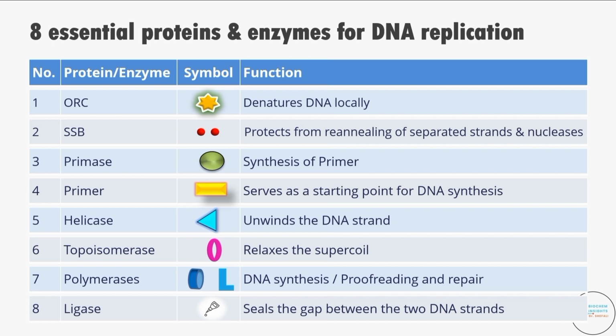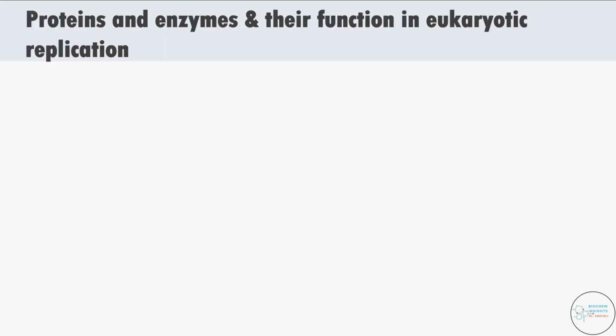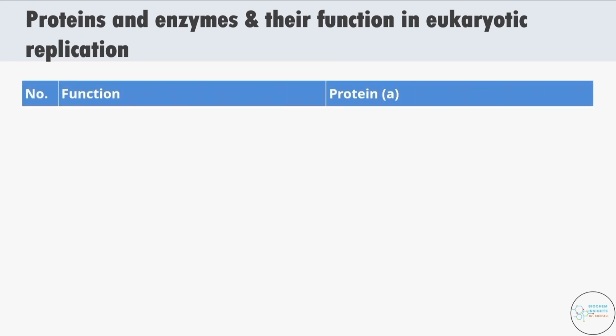Now till here the stages of replication, that is initiation and elongation, are the same in both prokaryotes and eukaryotes. But the only difference is the proteins that are used in eukaryotic replication. So before we head towards the termination stage, let's have a quick look at the different proteins and enzymes and their function in eukaryotic replication. So in eukaryotic replication, the origin of replication is identified by the protein ORC, that is origin recognition complex.